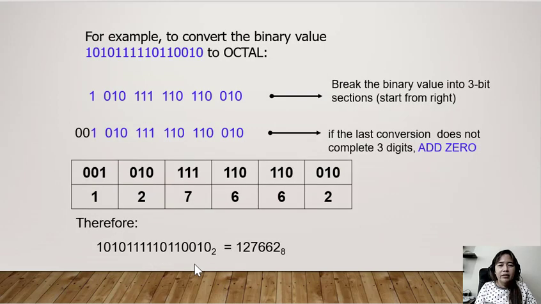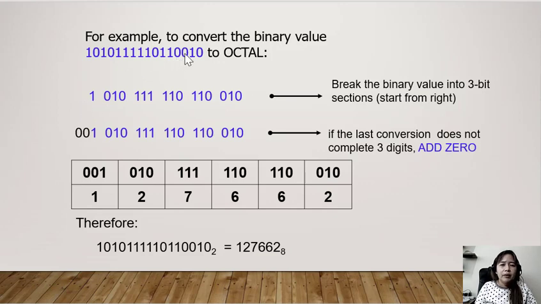Now let's have another example. This time, if you group this binary number by 3 starting from the right, you have 1 digit remaining, and as mentioned before, you only need to add 2 zeros to the left of that number.